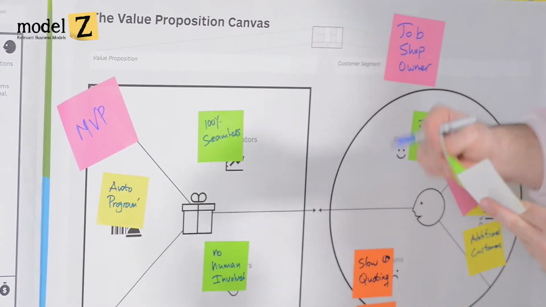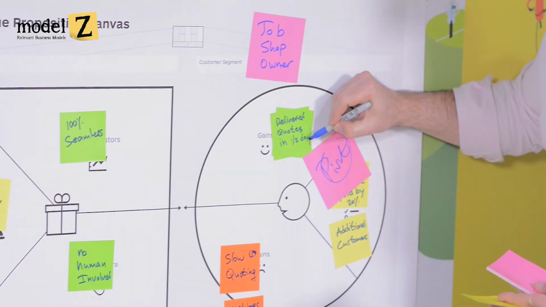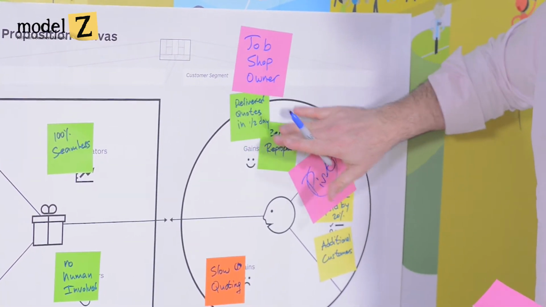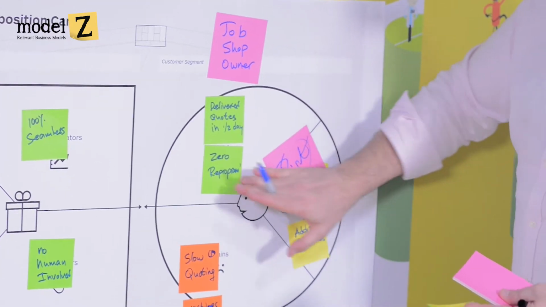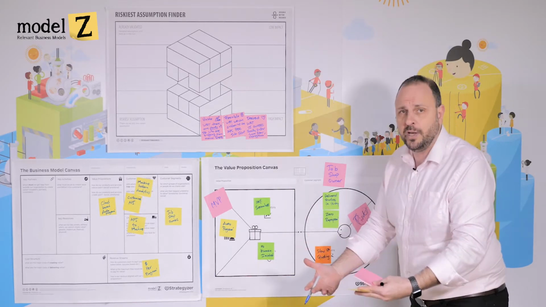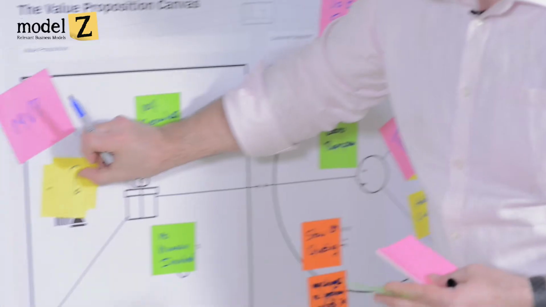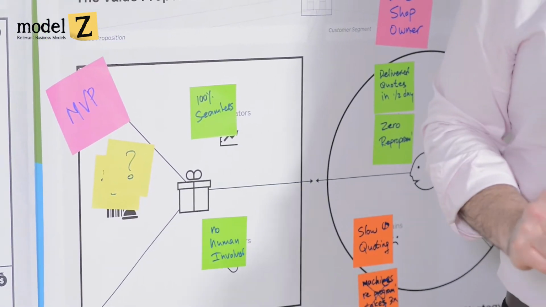One more thing that we found is that delivered quotes in half a day is way more important to their priorities now than zero reprogramming. We need more work. It's not about delivering the jobs, it's about gaining more jobs. So the question would be, okay, what is our MVP?